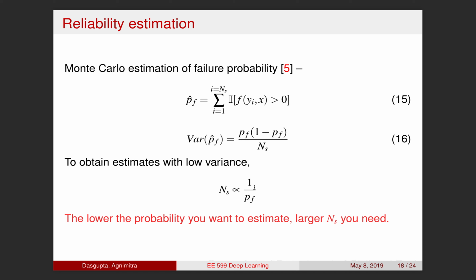Now, the Monte Carlo estimate of a failure probability has a variance which is inversely proportional to your sample size, but directly proportional to your failure probability. What this means is that as the failure probability that you're trying to estimate gets lower and lower, you will need more and more samples to lower the variance of p hat of f.